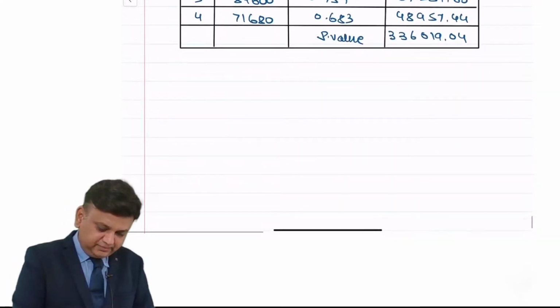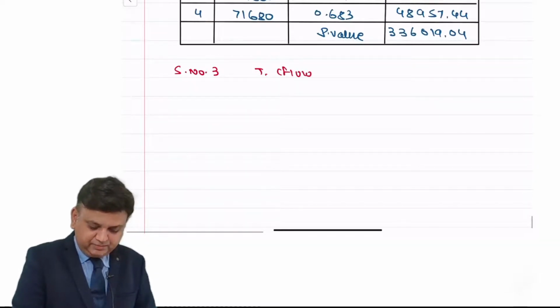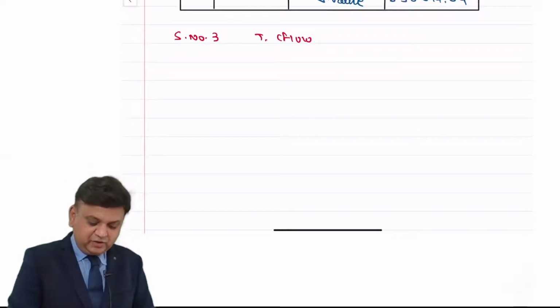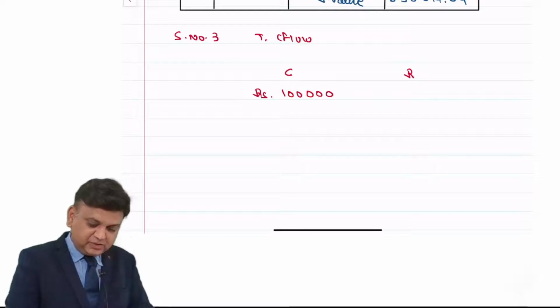Step number 3, terminal cash flow. If at all we continue with existing machinery, it is an amount of 1 lakh. And if at all we replace, then it is an amount of rupees 2 lakhs.